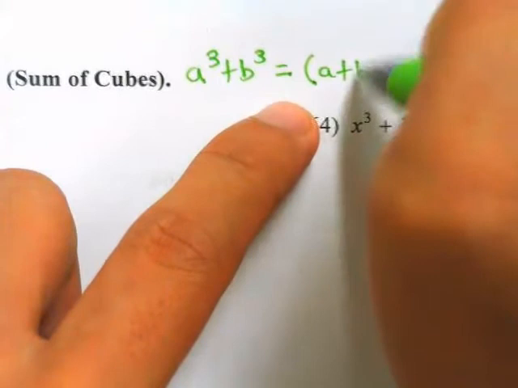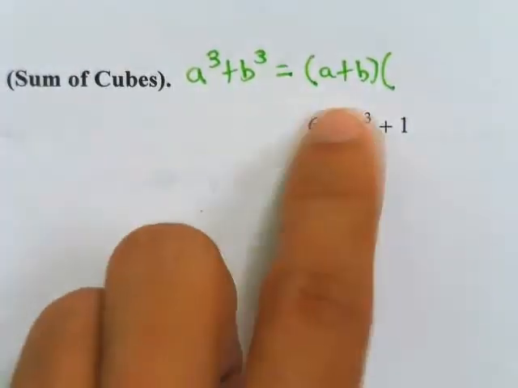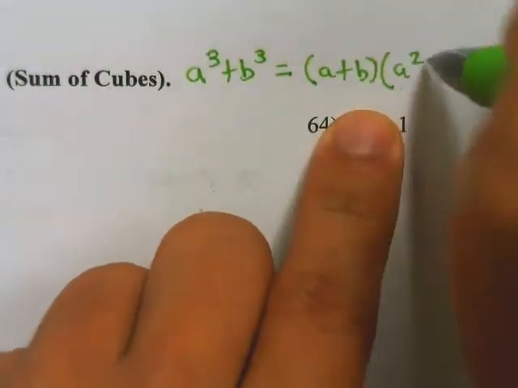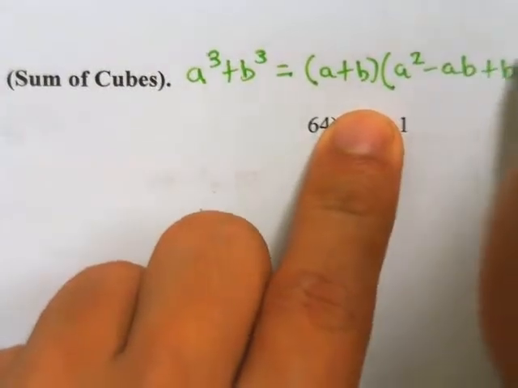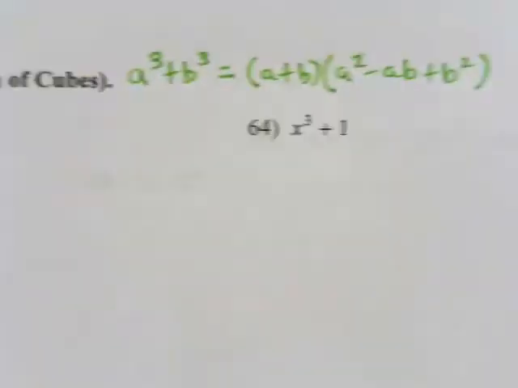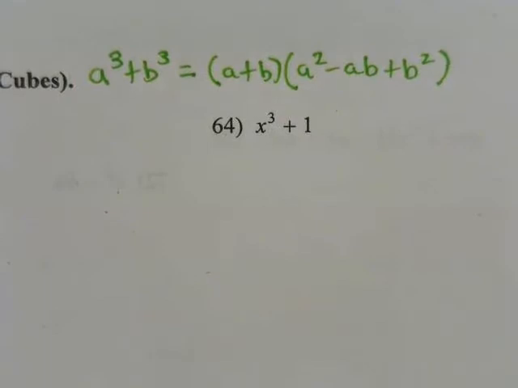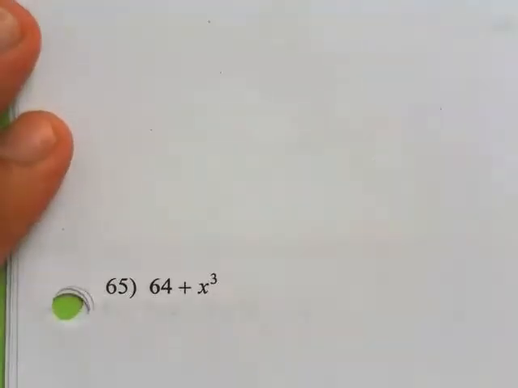It's going to be a plus b on your first factor, and after that a squared minus ab plus b squared on your second factor here. Okay, a plus b quantity times a squared minus ab plus b squared quantity. All right, so let's apply that rule possibly on 63 and 65.